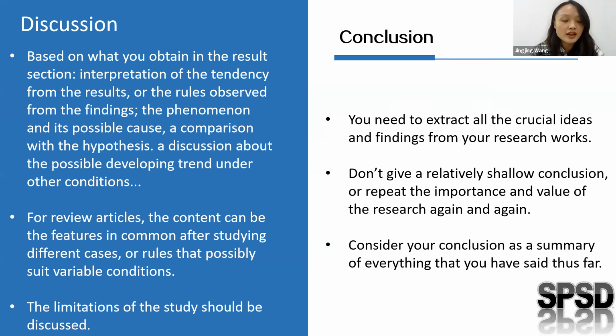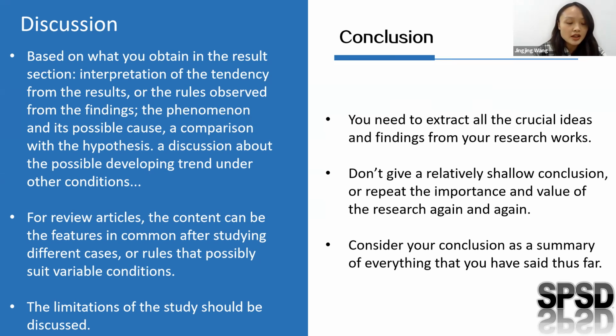So at the beginning of a discussion, an essential interpretation of the tendency from the results, or the rules observed from the findings, should be written. And depending on the different kinds of research, the content of discussion can be the phenomenon after your observation of the results.